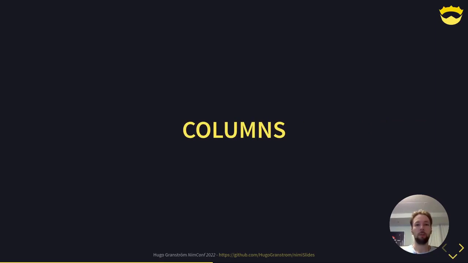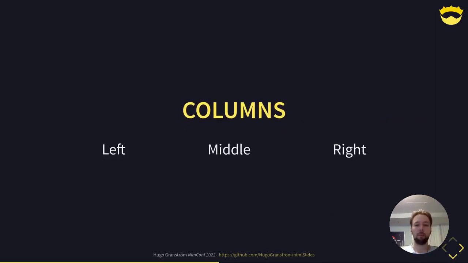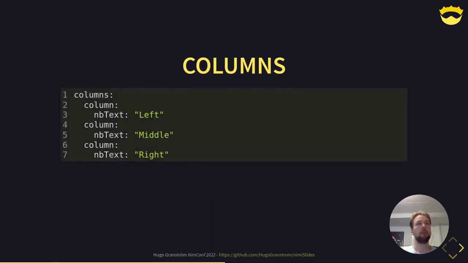Then we have columns, which is a simple wrapper on top of a CSS grid, which creates equally sized columns for you. And as we can see here, we have a left column, a middle column, and a right column. And the way we can create these is by first of all wrapping everything in a columns, and inside of it you can write all of your columns using the column template.